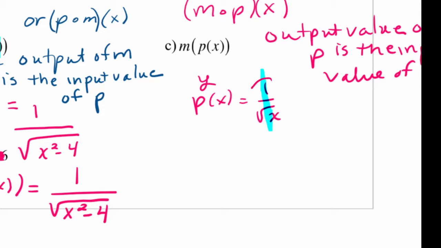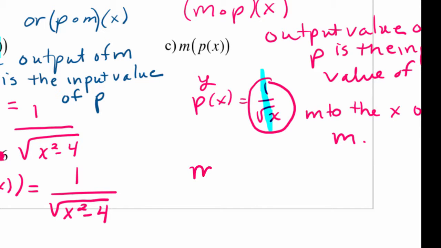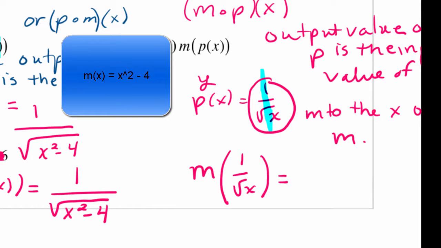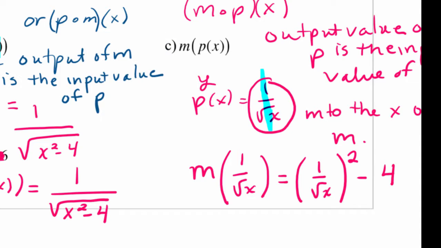We're going to substitute that output value, 1 over the square root of x, into the input, or the x, of function m. So we're going to have m of 1 over the square root of x. In function m, our quadratic equation, we take the input value, the x, and that gets squared, and then you subtract 4.